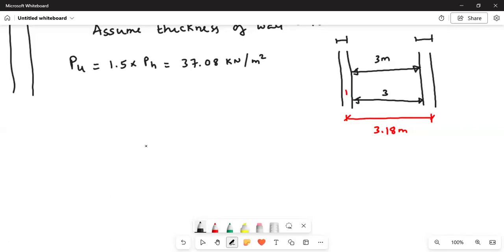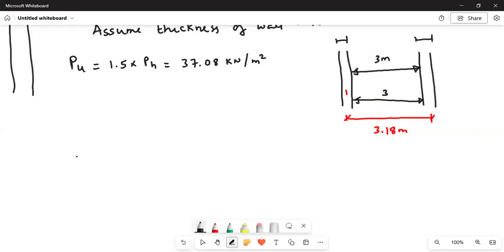And see to it that the bunker that we are dealing with is not a rectangular bunker, it is a square bunker. Okay, so we can modify the formula. Whatever formula we have written in our discussion in the derivation, that is for the rectangular bunker. But here we are having the square bunker. Those formulas can be modified a little bit.